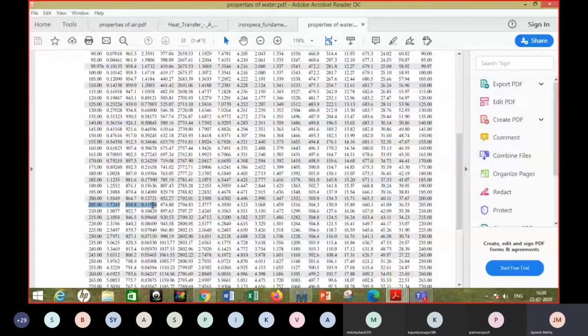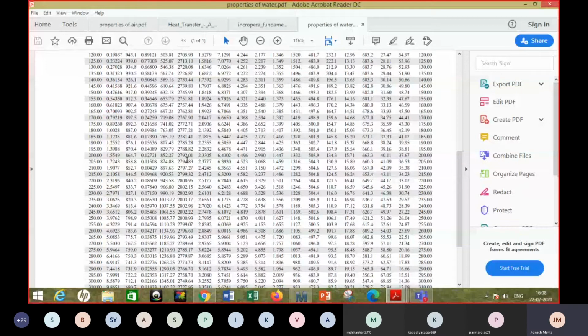So the latent heat of vaporization, this 2794 is that of vapor, right? So vapor minus liquid. So you have to get the difference between these two, 2794 and 874. Right? So it's somewhat less than this.